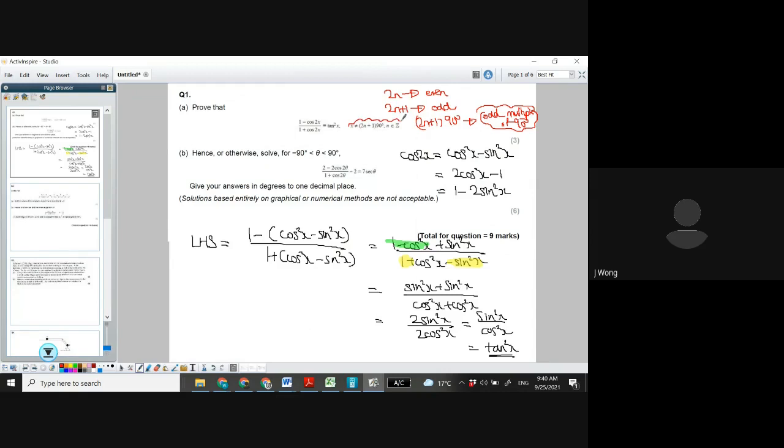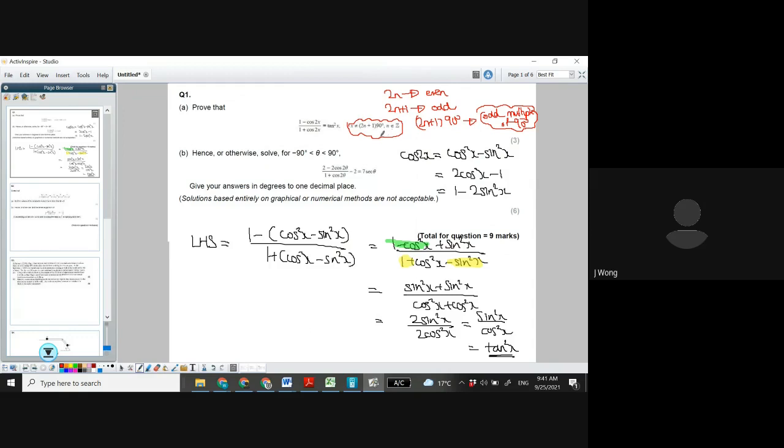This is just saying that if I pick an integer value for n, 2n plus 1 will be an odd integer. So I have an odd integer multiplier of 90 degrees, where I don't want x to be that. So x cannot be an odd integer multiplier of 90 degrees. That is what they are saying.